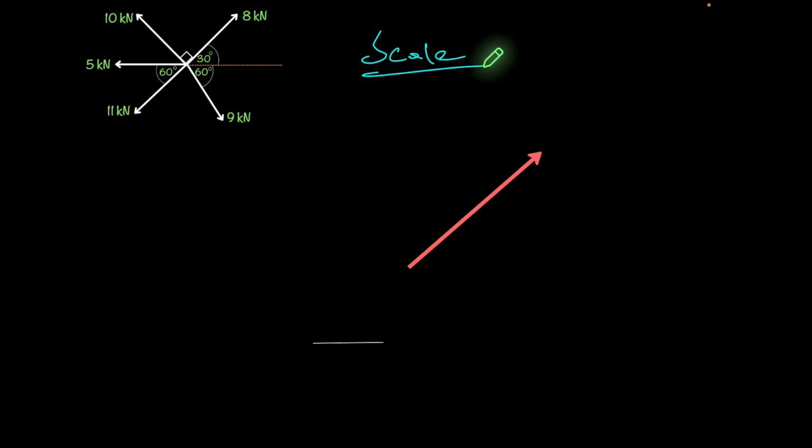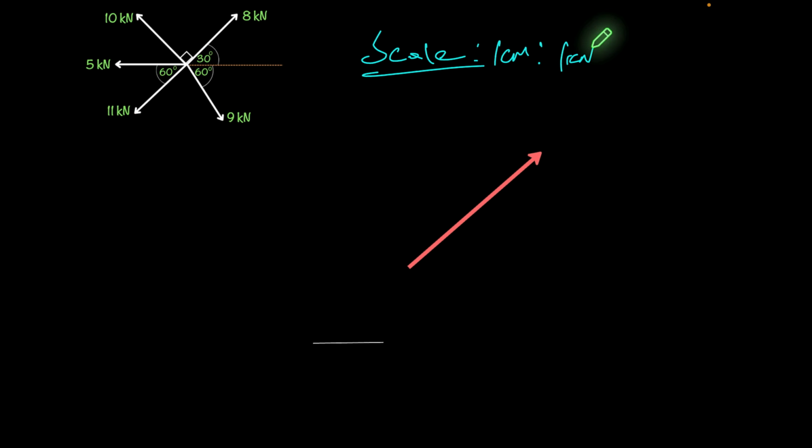For this question, however, we're just going to use a scale of 1 centimeter to 1 kilonewton. So it's just a 1-to-1, and that's because the measurements that I've got there, it's quite simple for us to draw 5 centimeters, 10 centimeters, 8 centimeters, and so forth.